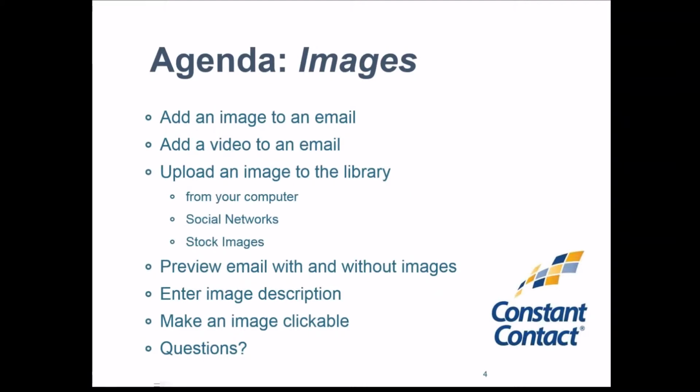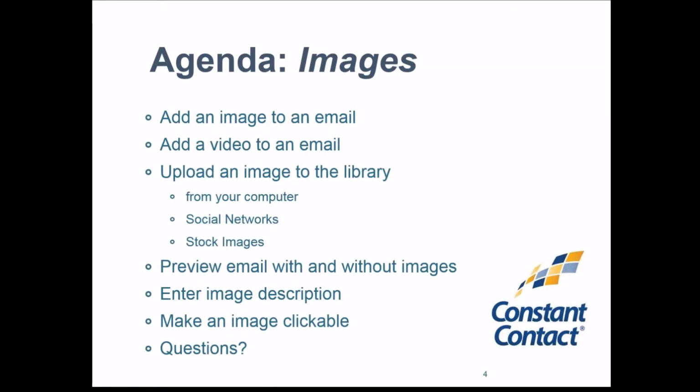We're going to show how to enter an image description and make an image clickable. And in the very end, we're going to take questions. You should have an interface where you can ask questions, so please plug them in. Jessica and Tabitha are here to help me, and in the end, we will try to answer all your questions.